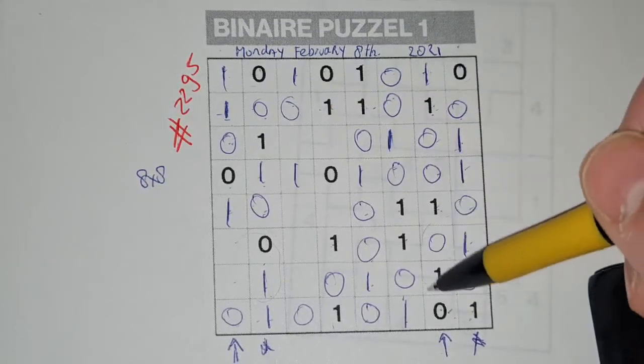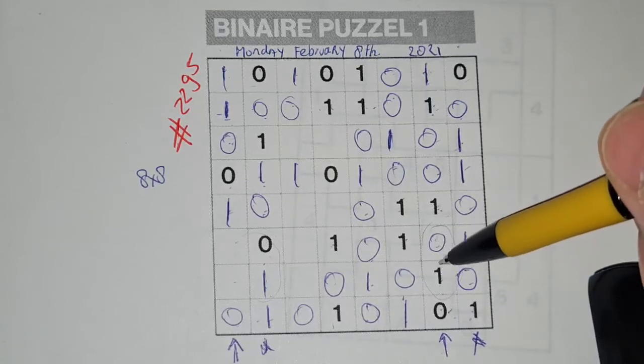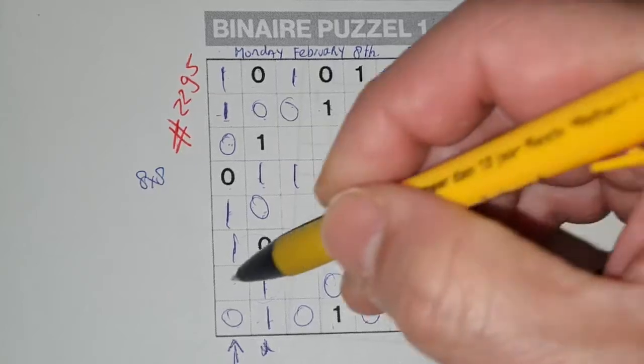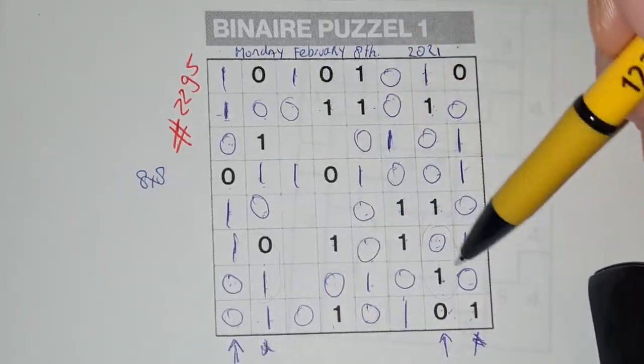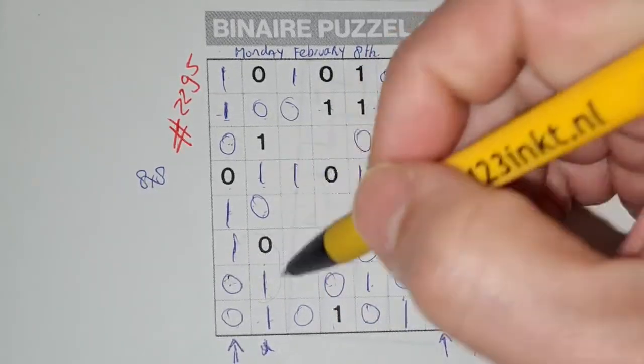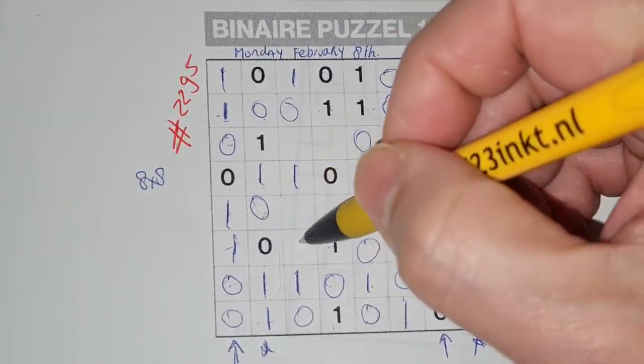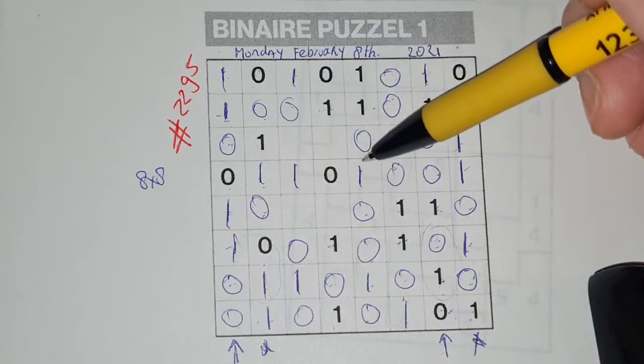So we need to switch those 2 digits. We have an O here. This should be a 1. We have a 1 here. This should be an O. Now we have 4 O's, so the rest are 1s. We have here 4 1s, so the rest are O's.